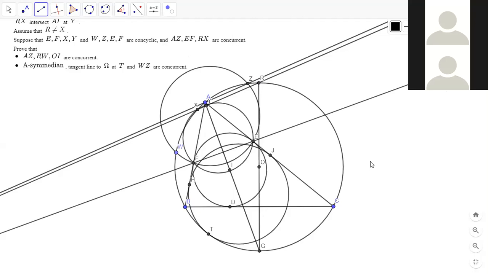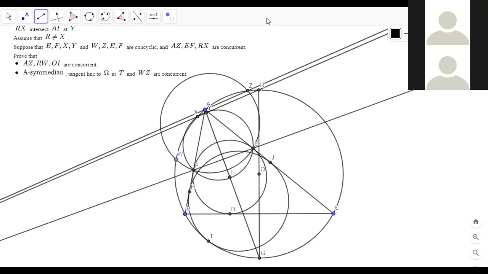So EFXY is cyclic, and WZEF is cyclic. RX and AI intersect at Y. We want to show AZ. Yeah, that doesn't look true that AZ, RW, and OI are concurrent.